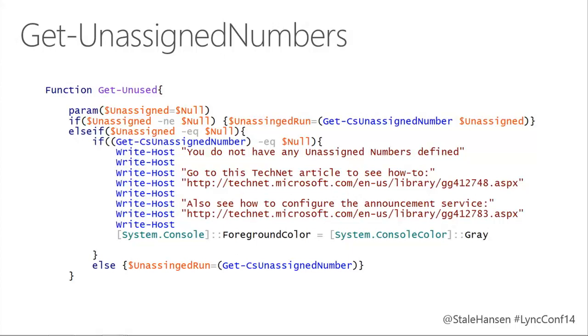But I also understand that not all companies want to answer all these calls. Depends on the size of the organization. But in my next version, I want to also have parameters with start range and end range, so you don't have to use the unassigned number ranges. But I found it useful since I was using them anyway to do this.